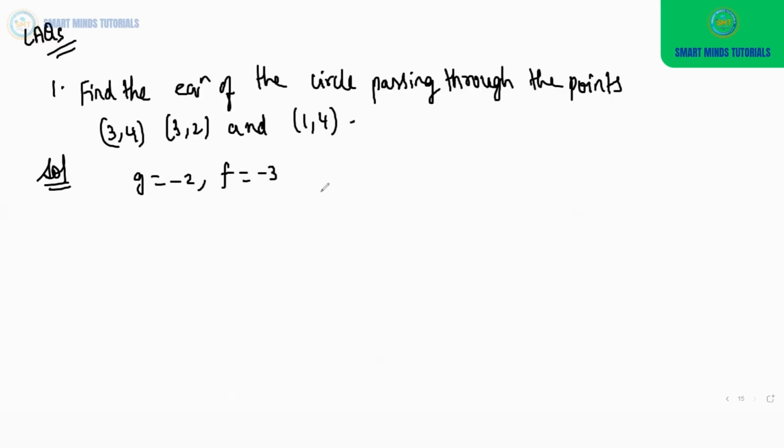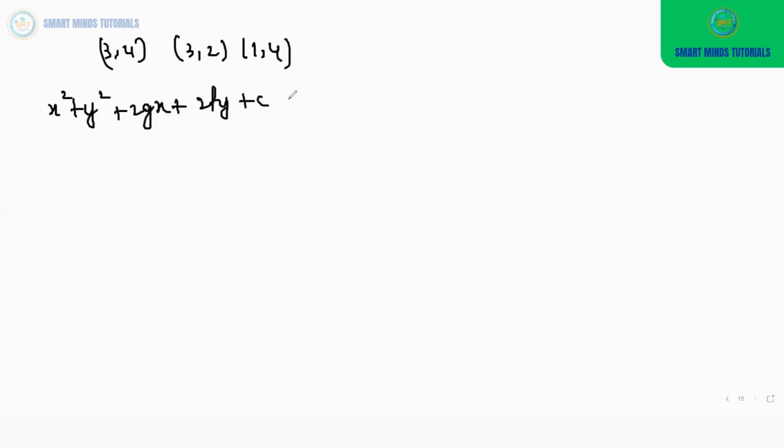For this question, g is -2, f is -3, c is 11 and equation is x square plus y square minus 4x minus 6y plus 11 is 0. Everyone has done it. See, directly I am writing the equations. X square plus y square plus 2gx plus 2fy plus c is 0, equation number 1.